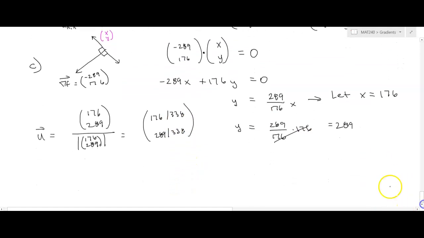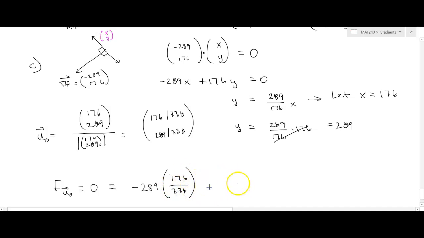Lastly, we just need to show that the directional derivative by moving in the direction of this new u, which we'll just call u0, says that there's not going to be any change in f. Well, we know that this is supposed to be 0 based on the information that we put together, but let's just calculate the directional derivative. So we lose 289 feet of elevation for every 1 mile we travel east, but we're going to travel 176 338ths of a mile in that direction.